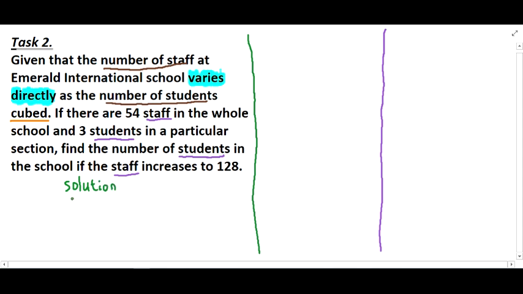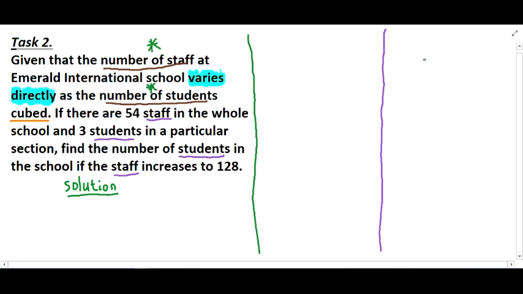Solution. But before I start solving, I want to get some of my quantities. The first thing I have here is staff, and I also have students.